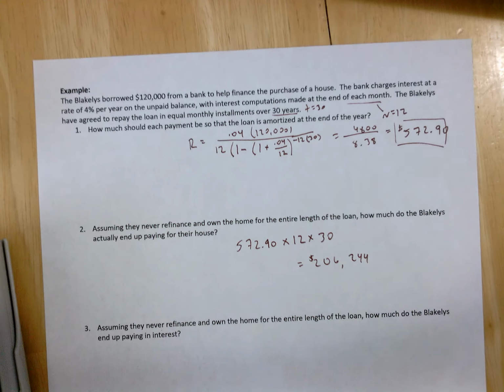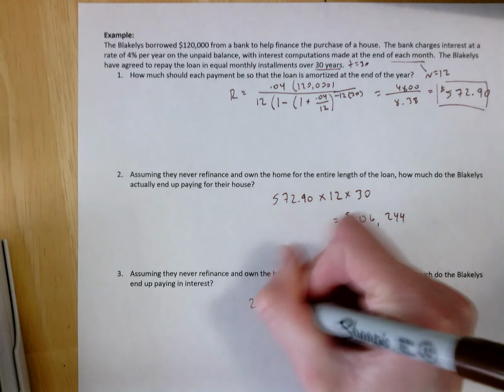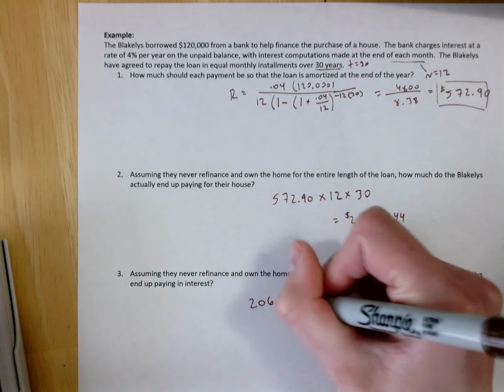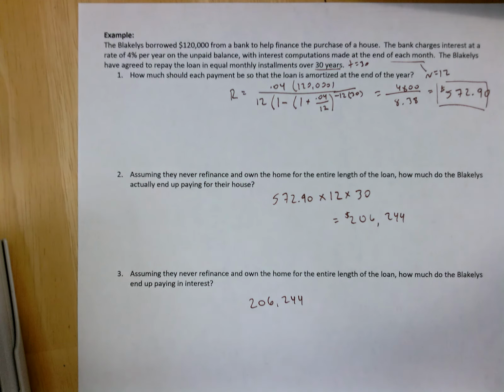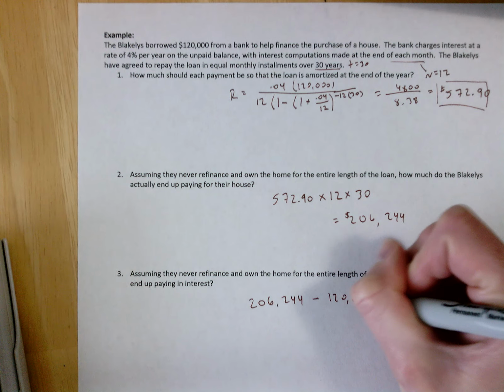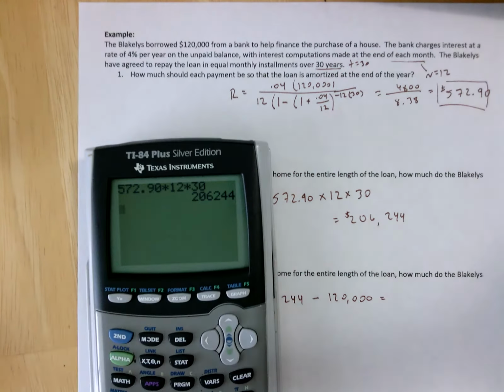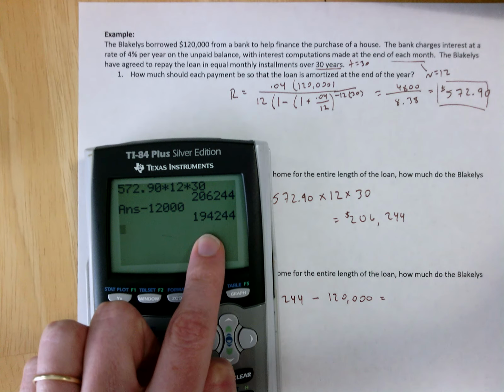Okay, assuming the same thing, they actually stick it out for the whole time, how much do they pay in interest? Well, they're paying this $206,244, but the actual cost of the house is only $120,000. So how much do they actually end up paying in interest? Well, this is everything else that they paid, right?